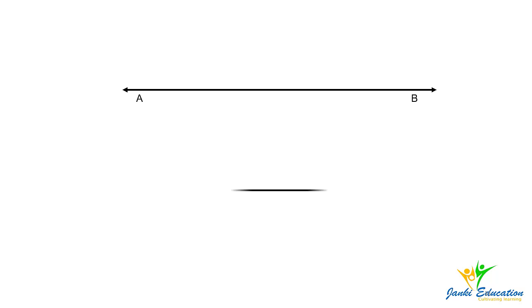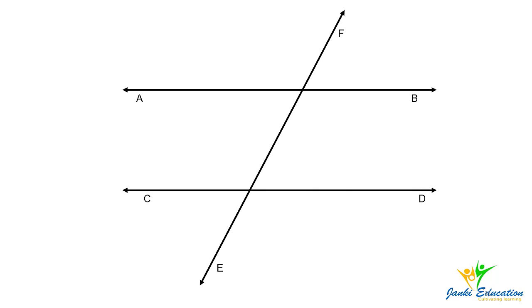So if you have not understood, please pay attention, listen carefully, pause the video if required, and try to understand the concept. Here, this line AB and this line CD is there. It is being intersected by a third line, say EF, at two different points, here and here. We will name them X and Y, and this EF is known as transversal, right?